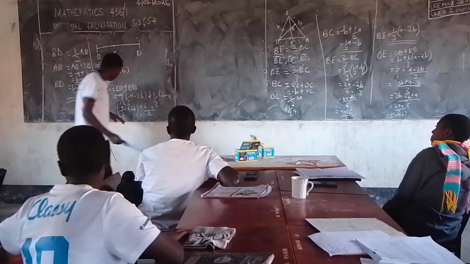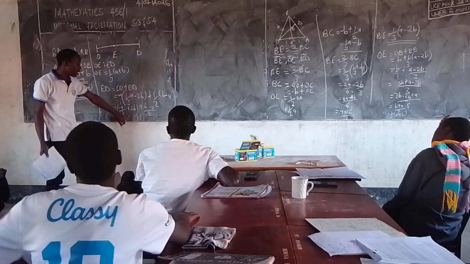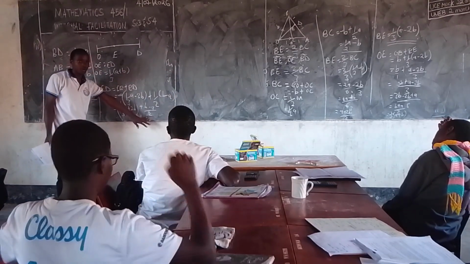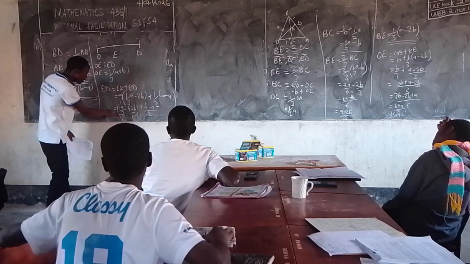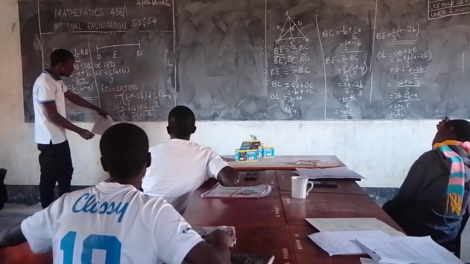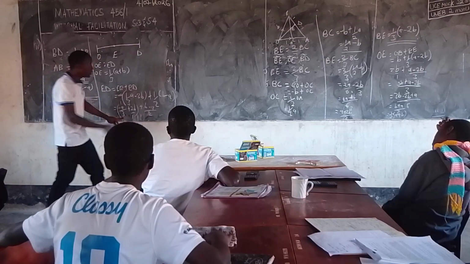Okay. So let's make this one term so that we can add it together with this one. We are going to first add these fractions. Our LCM is 3.